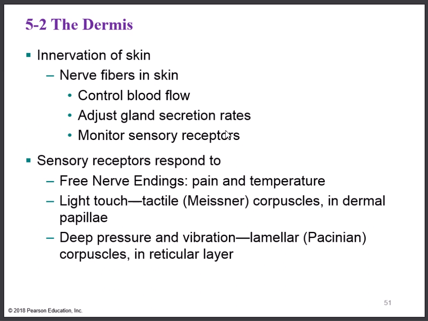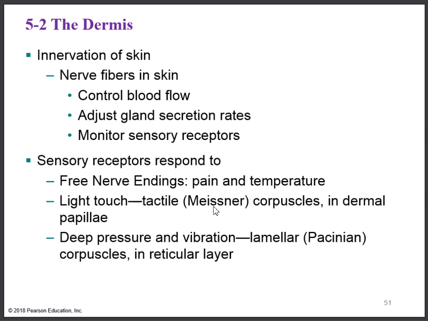So in the dermis, there are 1, 2, 3 types of sensory receptors that I'd like you to know. The first one you can highlight are free nerve endings, right? These are just nerve fibers, and they sense or pick up pain and temperature, right? So any temperature changes that you feel on your skin or any painful stimuli, they're going to be picked up by free nerve endings. We also have tactile corpuscles.